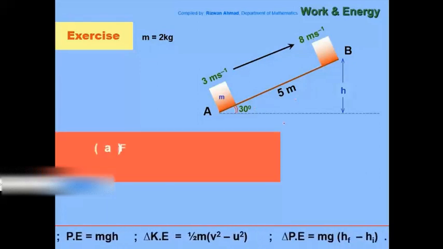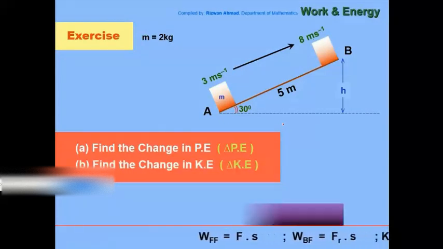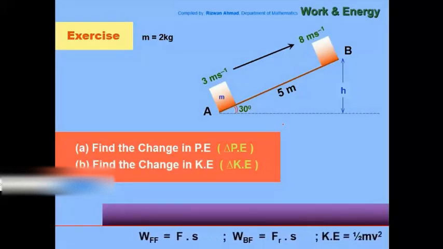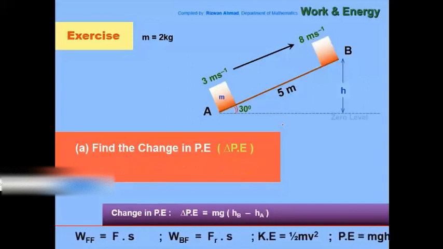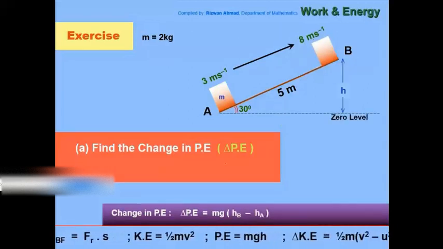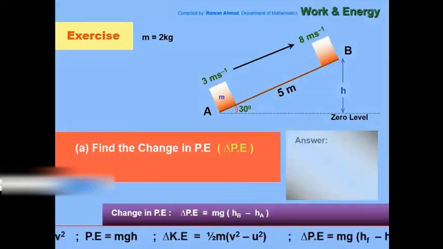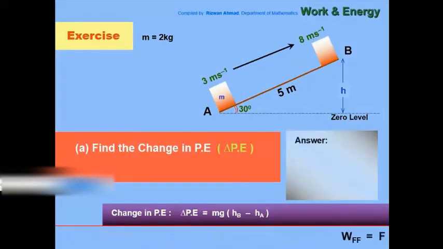Okay. So find the change in the potential energy and then find the change in the kinetic energy. So first, change in the potential energy. So we know that it is mg(hp minus hi).